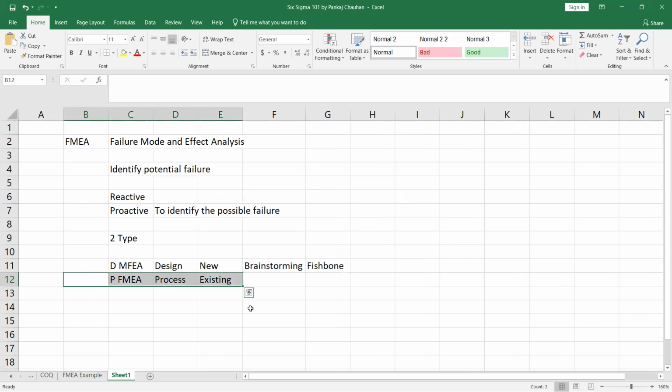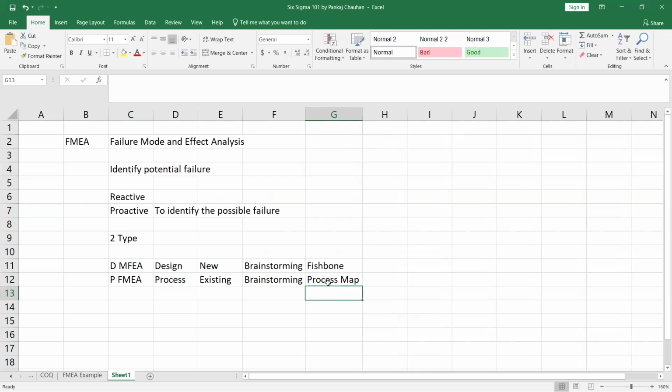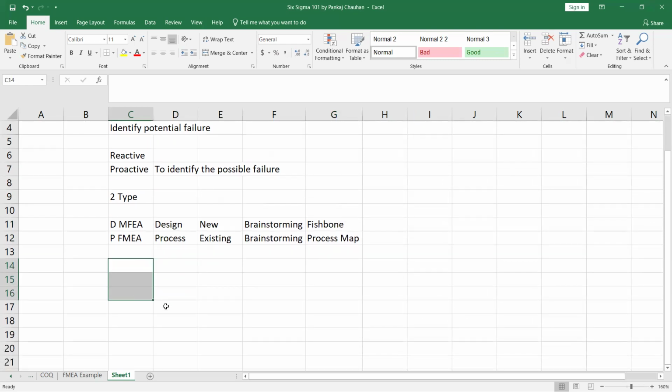For the process FMEA, the process already exists, so we do the brainstorming on the existing process, which we call the process map or process flow diagram. Step number one is that we have the process flow diagram. Then from the process flow diagram, we try to identify the potential failure modes, or the ways the process can fail.